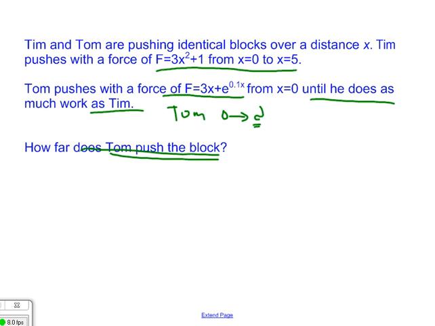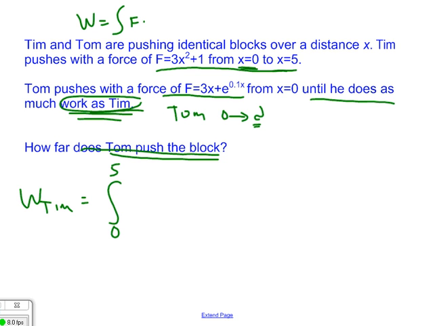So the first thing that we need to find, I think you guessed it, is the work that Tim does, because Tom needs to do as much work as Tim. So the work that Tim does is going to be the integral from 0 to 5 of f dx. So 3x squared plus 1 dx.